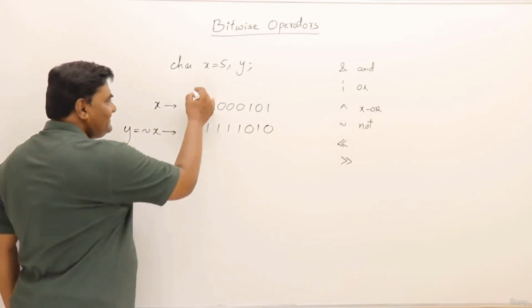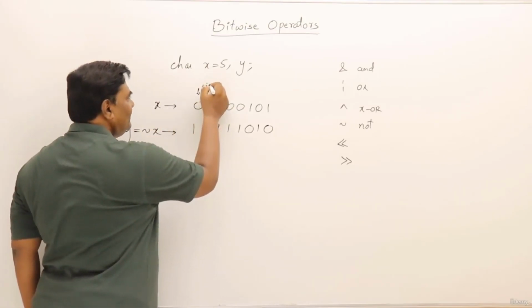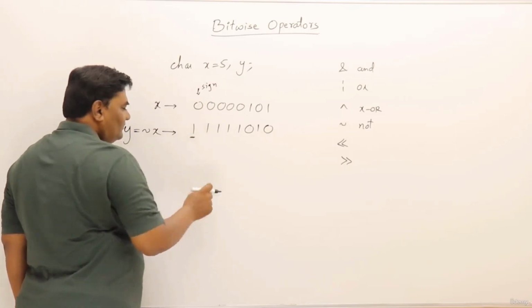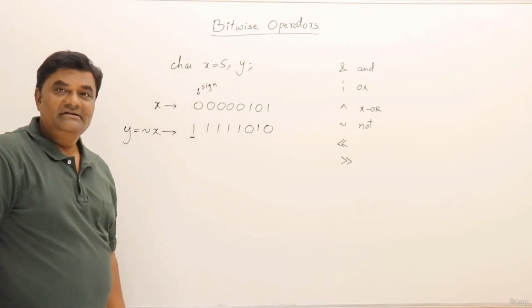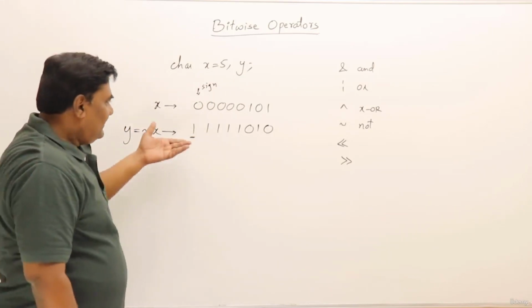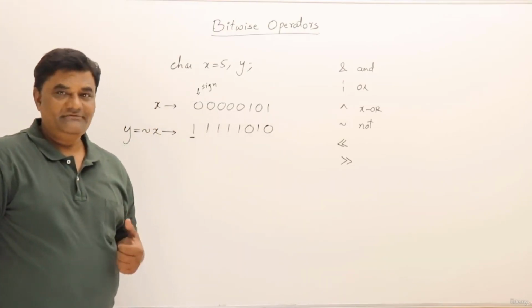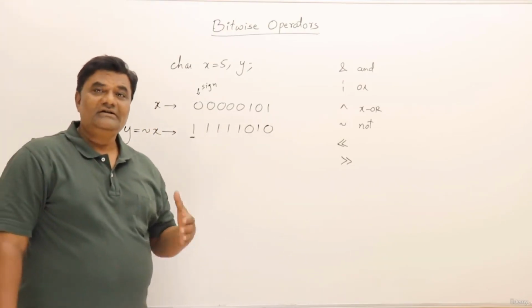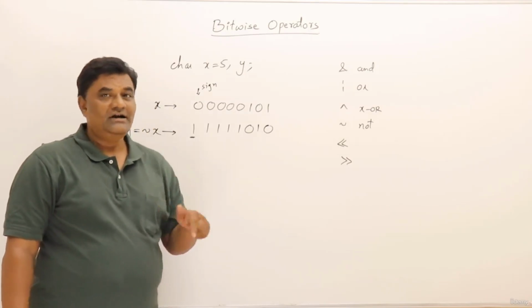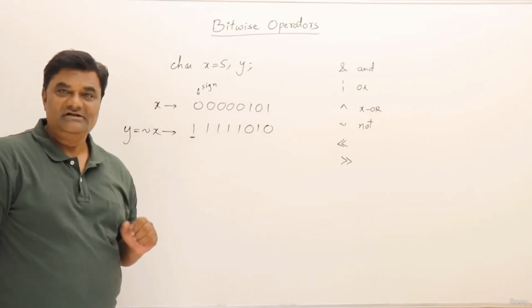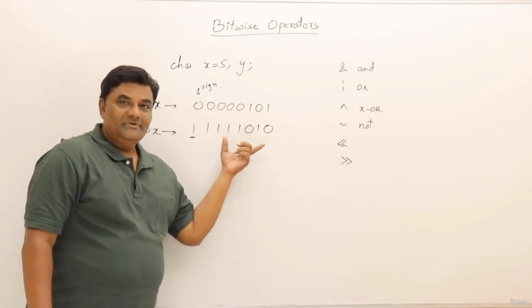Now as this bit is a sign bit, so this is 1 now. So it means the number is negative. The negative numbers in C++ are represented in 2's complement form. If you want to get the positive value of it, then again you have to take 2's complement, then you get the positive value. So it is a negative number.